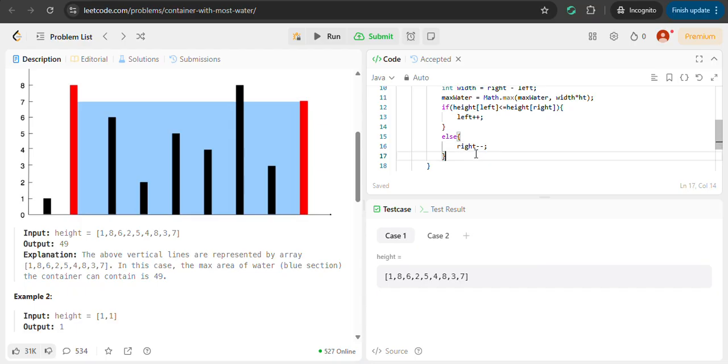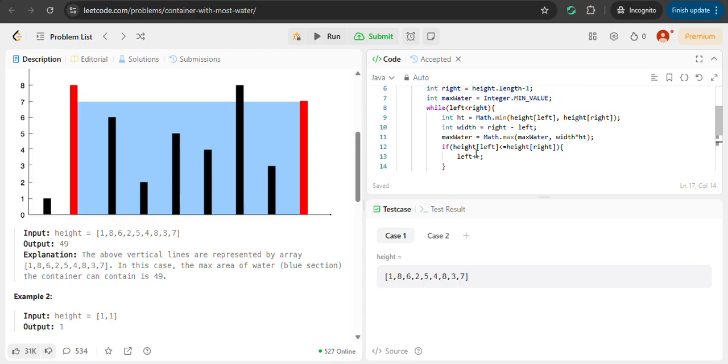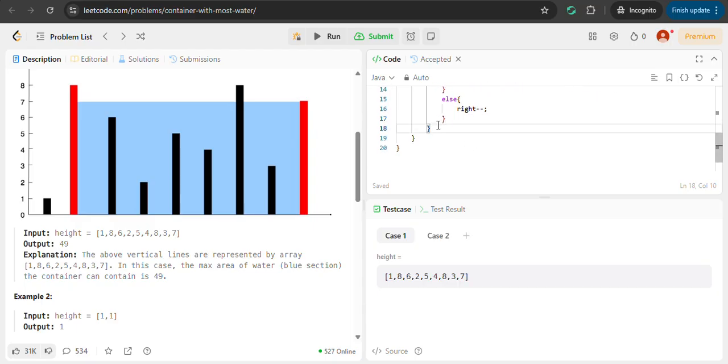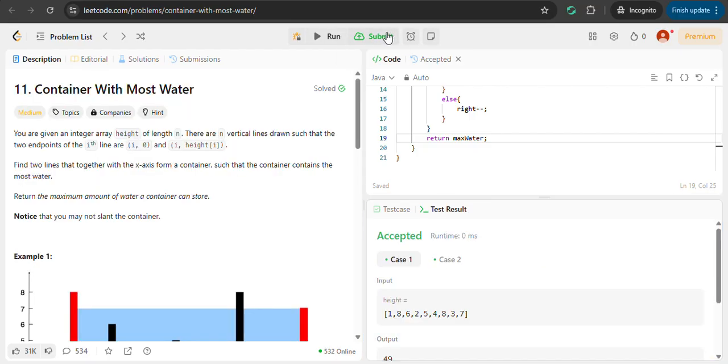Once they collide, we come out of the loop, and finally we return the max water.